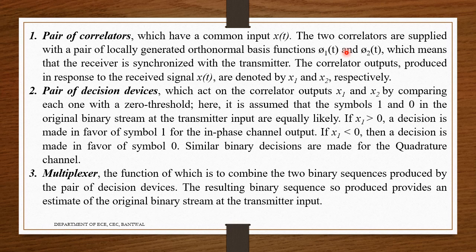Then x1 and x2 are generated and given to the pair of decision devices to check whether each is greater than 0 or less than 0. If x1 is greater than 0, it is symbol 1; if less than 0, symbol 0. Similarly we do it for quadrature. Then we combine the results to get the binary sequence sent by the transmitter.